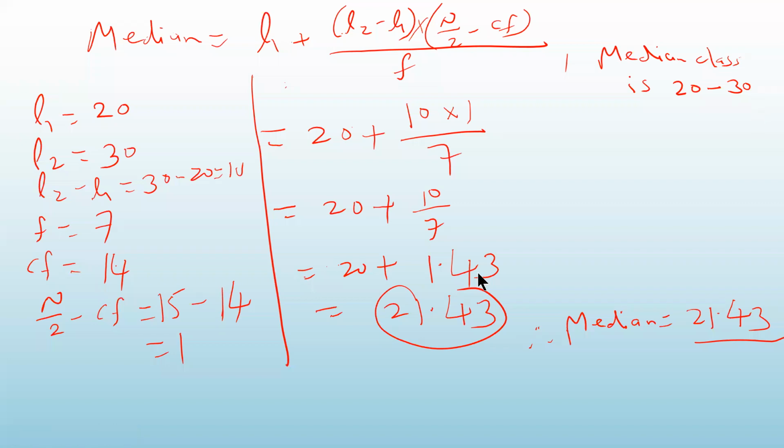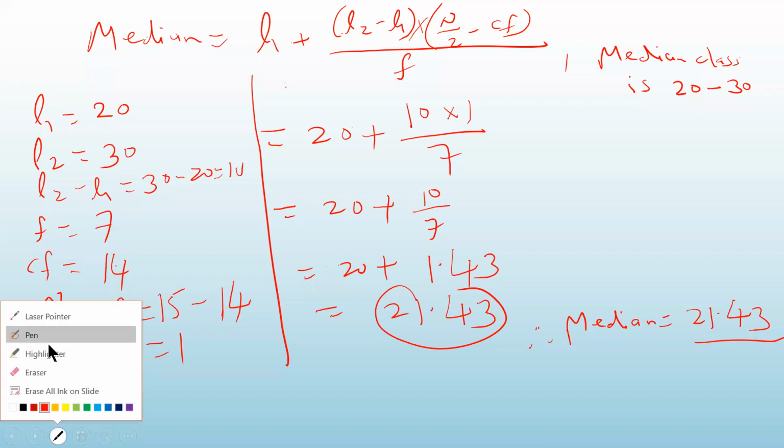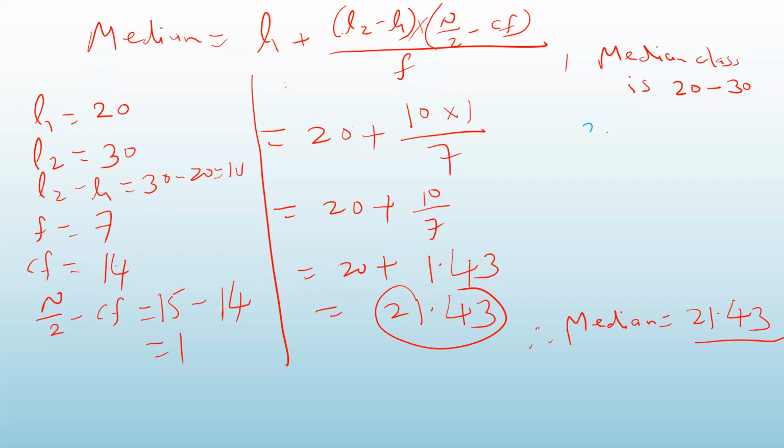Now many students make one mistake. What mistake do students commonly make? मैं आपको बताती हूँ क्या मिस्टेक करते हैं बच्चे. दूसरे पेन से बताती हूँ. See, students write like this: 20 plus 10, ये जो डिवीजन है ना, ये डिवीजन यहाँ तक ले लो.